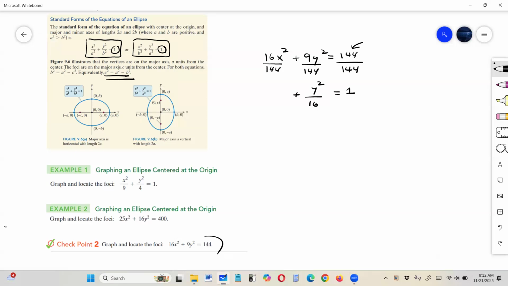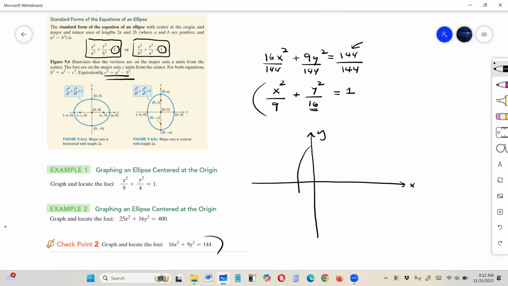And obviously, this is x squared over 9. Okay, so this is the equation in standard form. I already know that 16 is bigger than 9, which means that this ellipse, again, is sitting on the y-axis. So the major axis is the y.